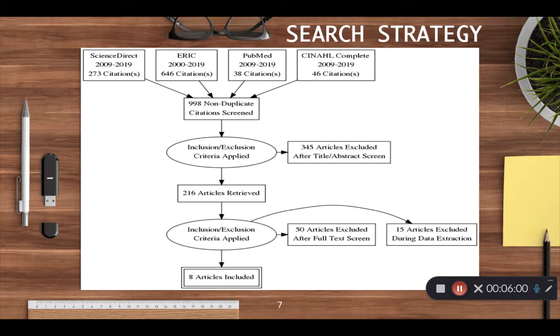It was very, very hard to look through, use the keywords, go through the titles and the abstracts, and narrow everything.